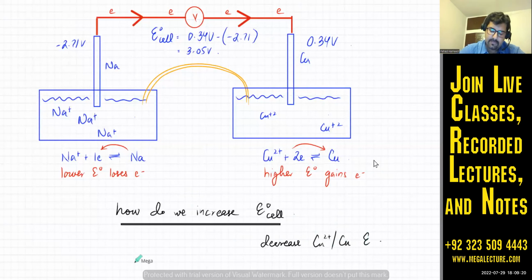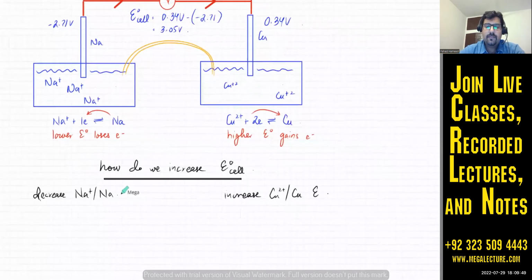Or vice versa, you can increase this one. The higher must be made even higher. The right side potential should increase, and you should decrease the sodium electrode.